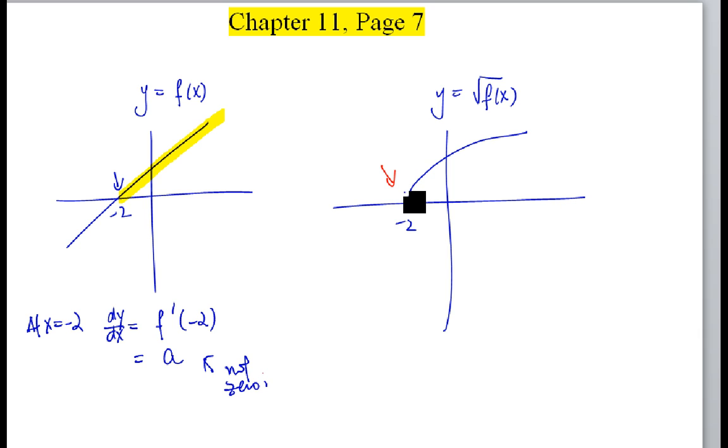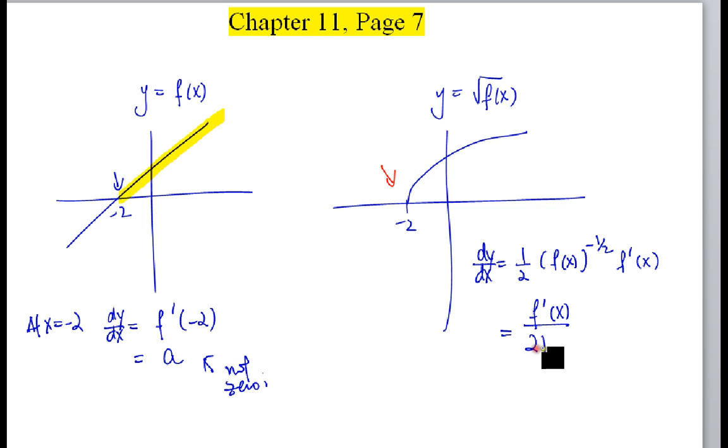Using the chain rule, dy dx is equal to f prime x over 2 square root fx.